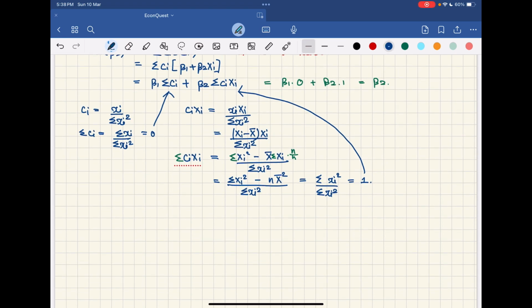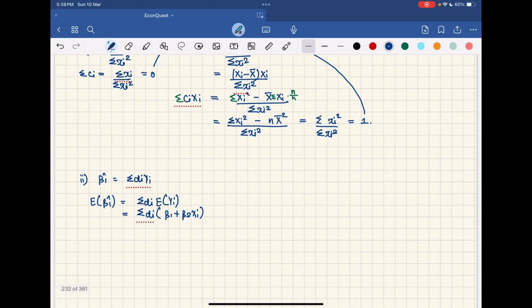Similarly, your beta 1 hat is equals to summation of di yi, right? So your expectation of beta 1 hat is equals to summation of di expectation of yi. This thing is equals to beta 1 plus beta 2 xi, right?